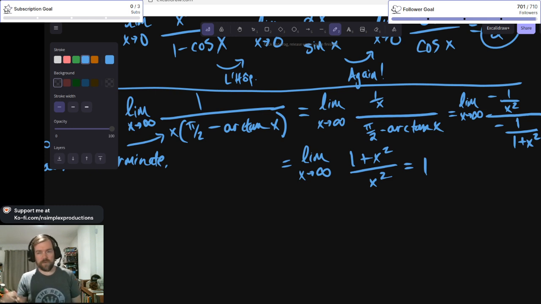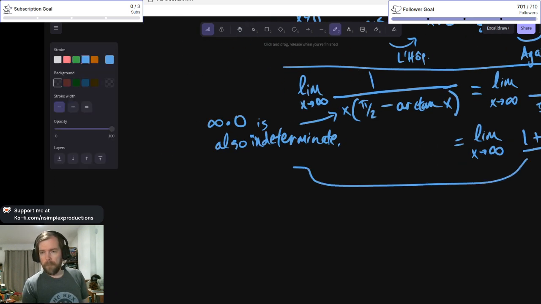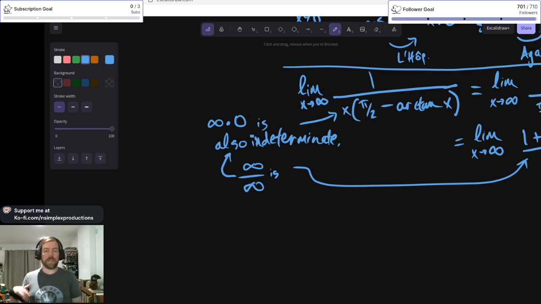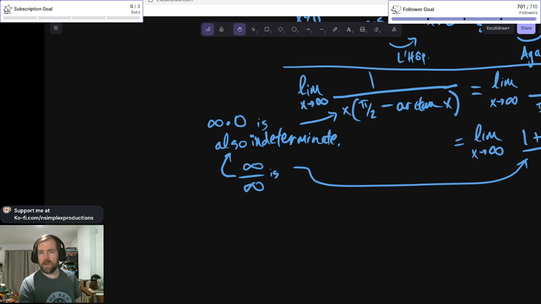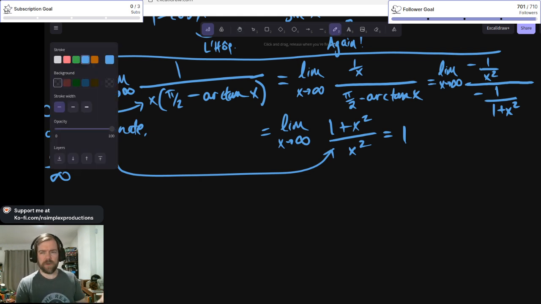But infinity over infinity is also indeterminate. Although we have ways of dealing with this one, because again, we've done this before. The other option with this, again, there are a bunch of different ways.